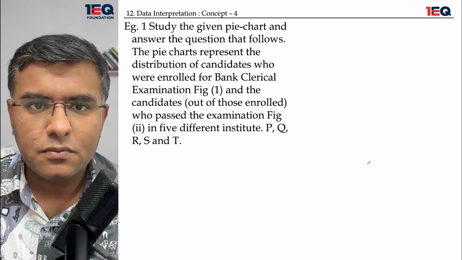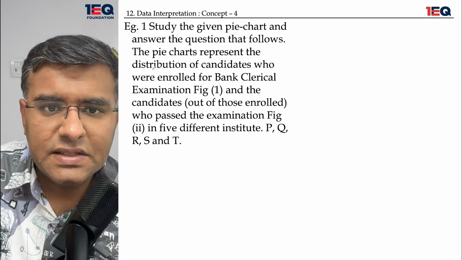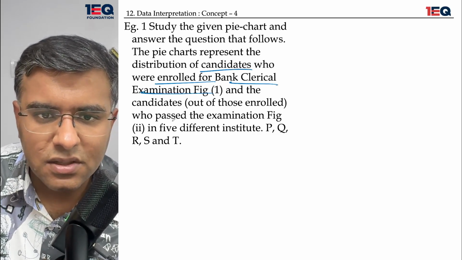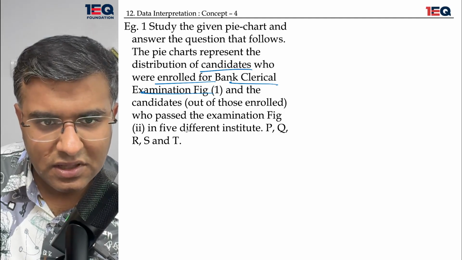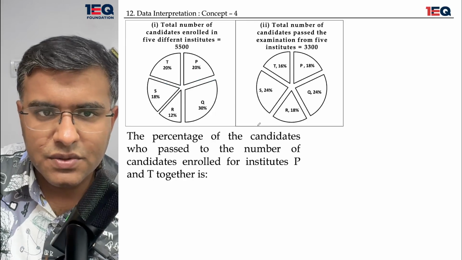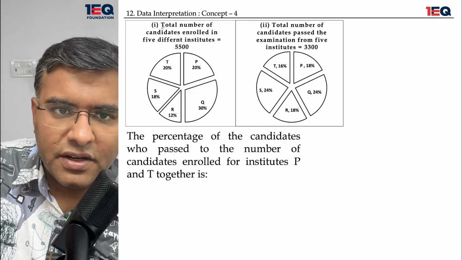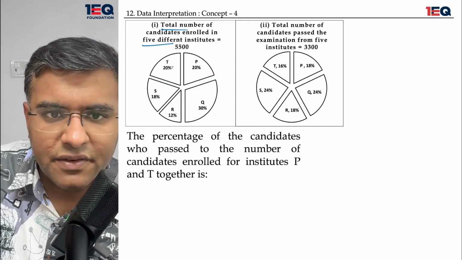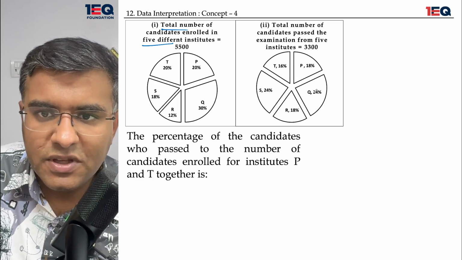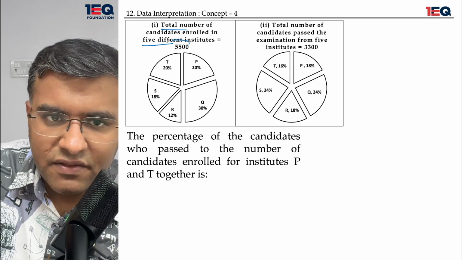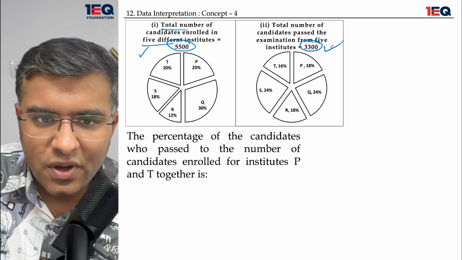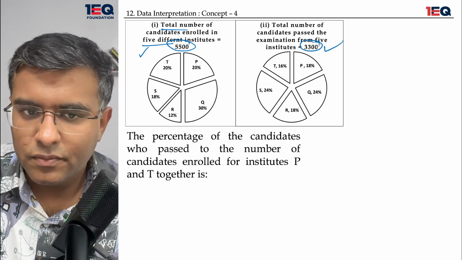Moving on. The pie chart represents the distribution of candidates who were enrolled for a bank clerical examination, and there are a few who have passed, in 5 different institutes. Here are the total number of candidates enrolled in 5 different institutes, and the total number of candidates passed from these institutes. So 5,500 is the total number over here, and 33 is the total number of students who have passed.